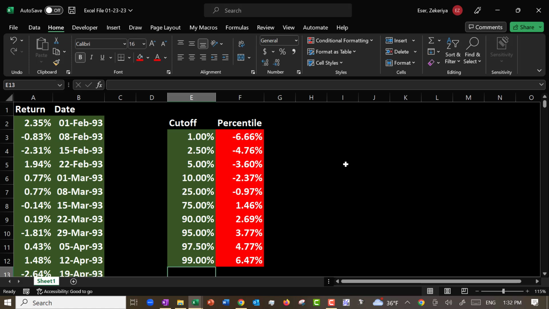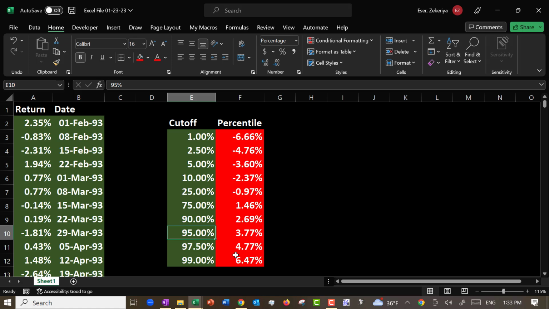This basically says, for example, 1% of the time the returns were over 6.47. 2.5% over 4.77. Let's look at it. 5% of the time below 3.60, 5% of the time above 3.77, so on and so forth.